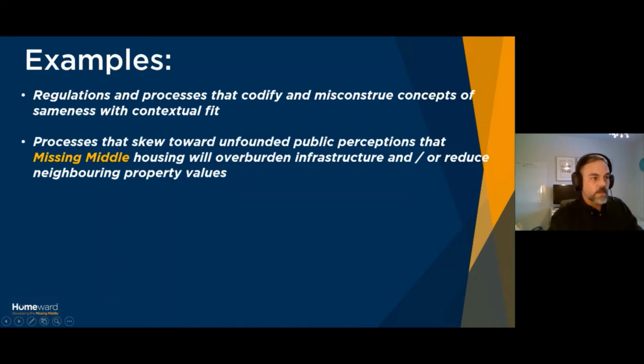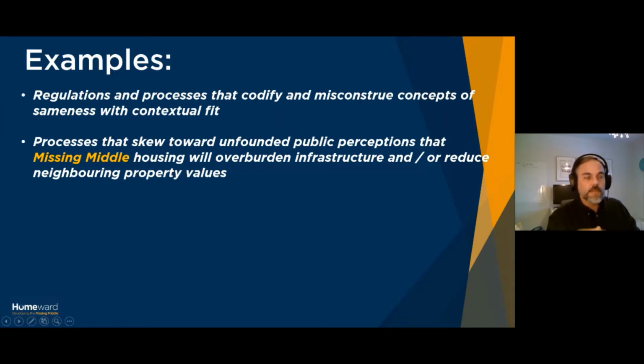We also have processes that skew towards unfounded public perceptions that missing middle housing will overburden infrastructure and or reduce neighboring property values. This is the standard kind of NIMBY issues that we hear. I'm not saying that all the issues of the public or neighbors are unfounded, but I think it is foolish of us to not explicitly recognize that NIMBY sentiments are damaging to our ability to provide attainable housing, particularly missing middle.